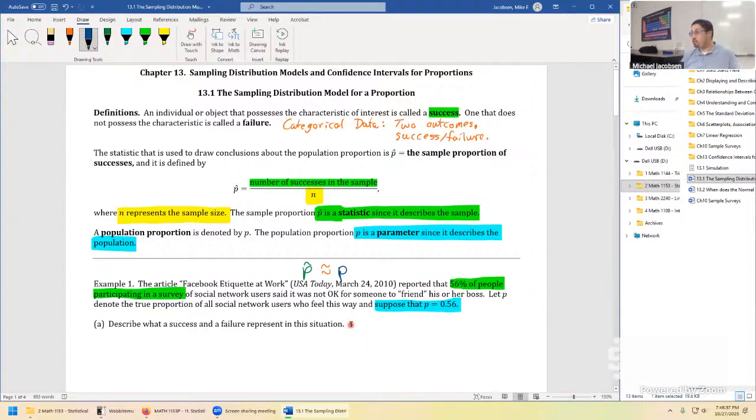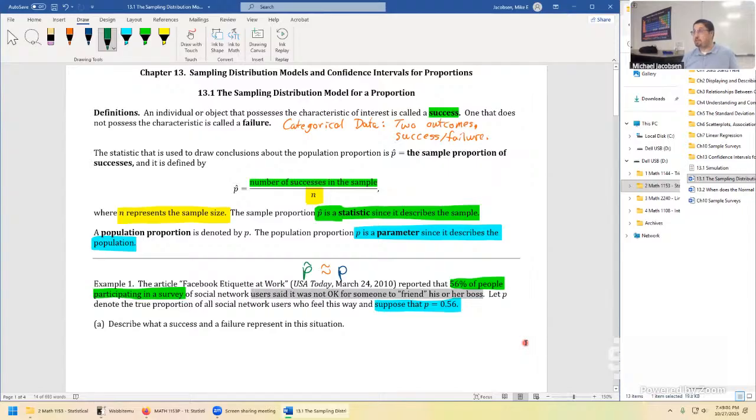Well, along the way of doing this, we have to say what is a success and a failure in this situation. The success in this problem is the thing we're trying to study. If 56% of the people participating in the survey, or the sample itself, said it was not okay for someone to friend his or her boss, that's the success of the problem.